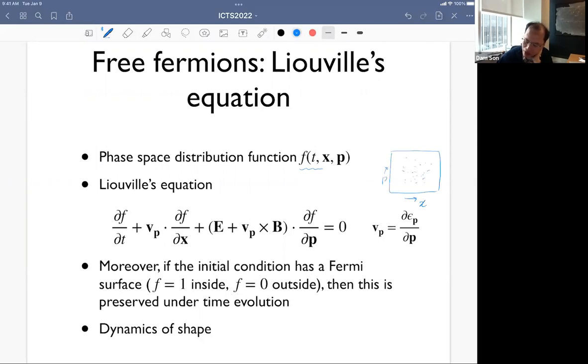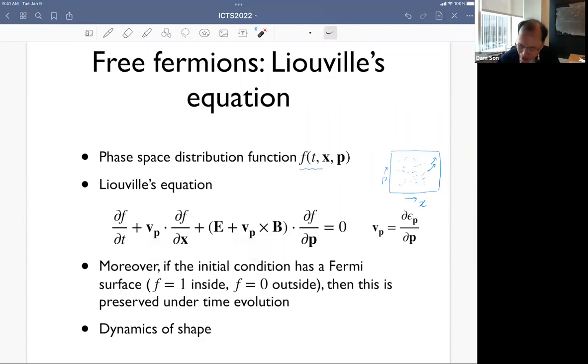If one looks in a textbook, the way to derive this Liouville's equation is to follow the trajectory of the particle in phase space and count how many particles leave or enter a given phase space volume. This term V of p is the velocity of the motion of this quasi-particle in space, and this is the velocity in momentum, that is, this is p dot and this is x dot.